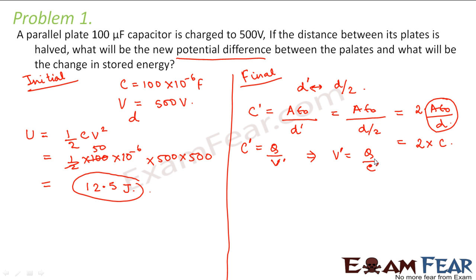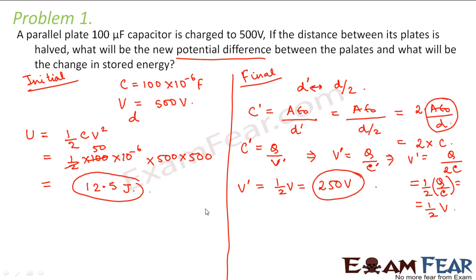So there is no change in the charge, even though the distance between the plates decreased. The charge which they are storing is still the same. So we can say that V dash is equal to Q divided by 2C, that is equal to 1 by 2 into Q by C. What is Q by C? Q by C is nothing but V, so half of V. That means the new potential becomes half of the old potential, that is equal to 250 volts. So this is the first part.